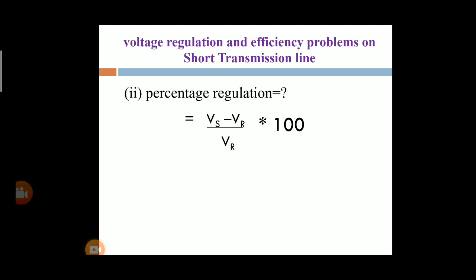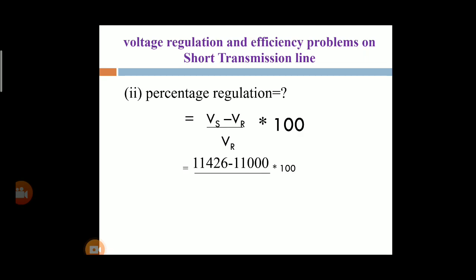The formula is the sending end voltage minus the receiving end voltage, divided by the receiving end voltage, into 100. We already determined the sending end voltage, and in the given data we have the receiving end voltage. Both values will be substituted in this equation, then we find the percentage regulation.